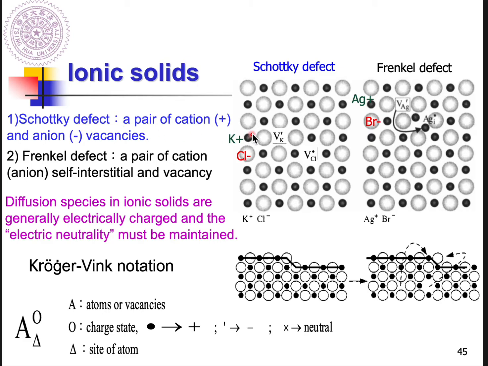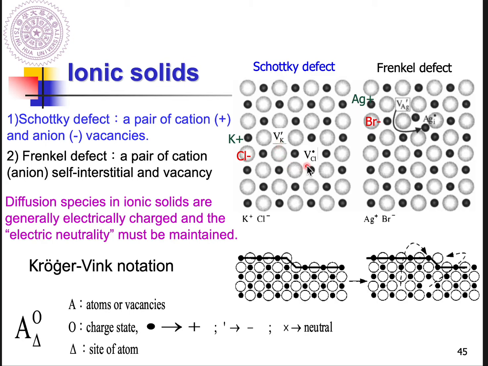A Schottky defect is when a cation and an anion are removed from the material, so that would cause a pair of cation and anion vacancies. A pair of that means the numbers of cation vacancies and anion vacancies will be the same.